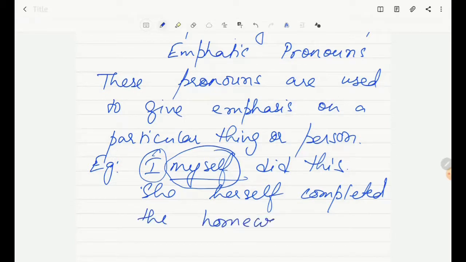So this sentence suggests that there is nobody who helped her. She is the only person who completed the homework all by herself. So herself and myself are giving emphasis on she and I. So emphatic pronouns are the pronouns which are used to give emphasis on a particular thing or person.